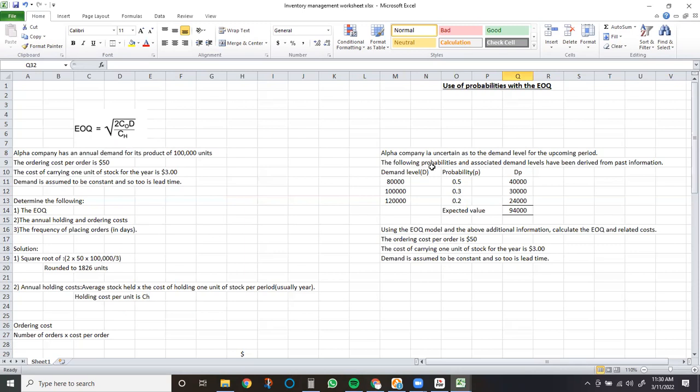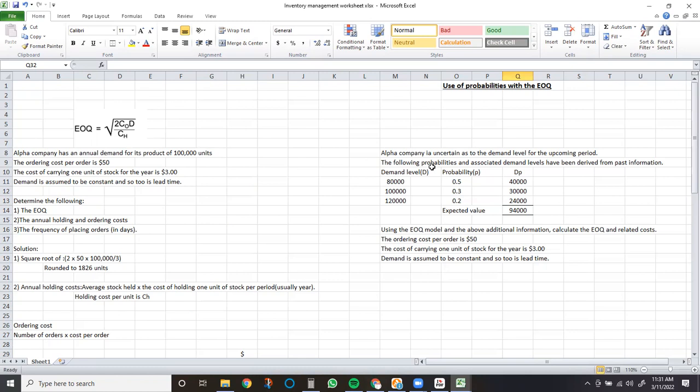Using probabilities when doing an EOQ calculation is really inconsistent with the basic assumptions of the EOQ, which is that demand is constant and known with certainty.